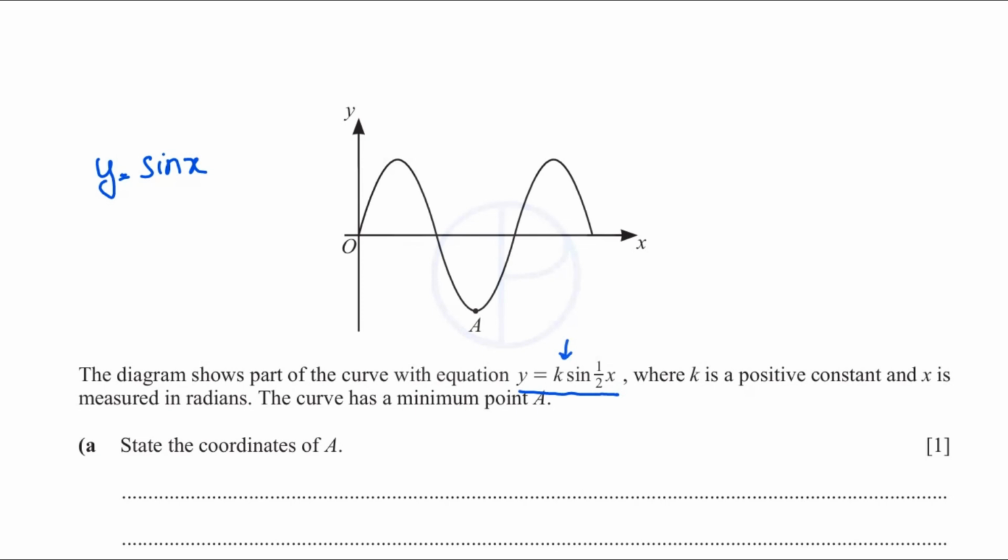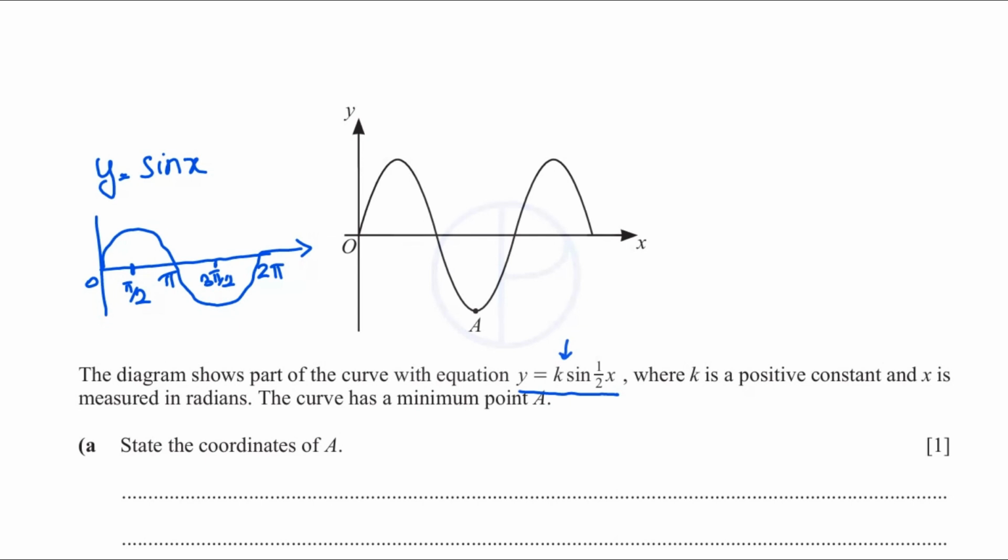So the order will not affect the outcome. This is y is equal to sine x curve, and here it is 0, and this is pi, and this is 2 pi. Okay, and it will be maximum at pi over 2 and minimum at 3 pi over 2.